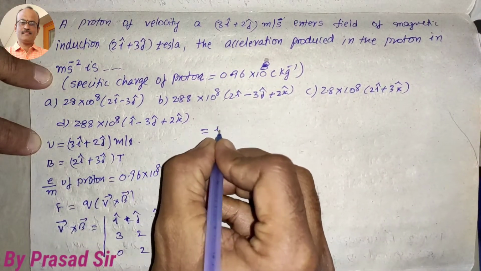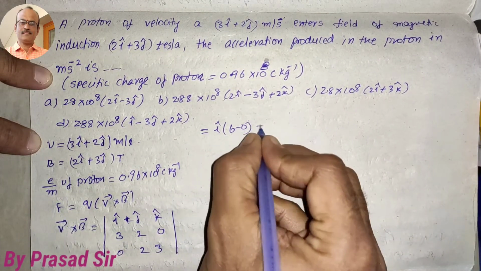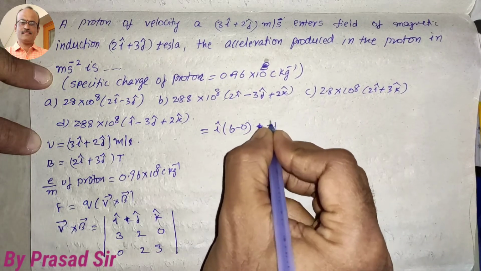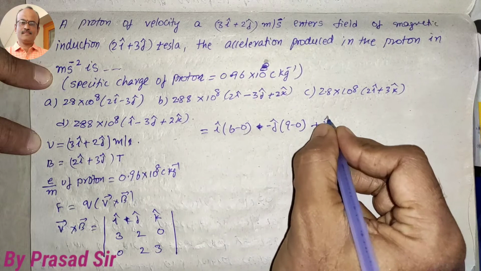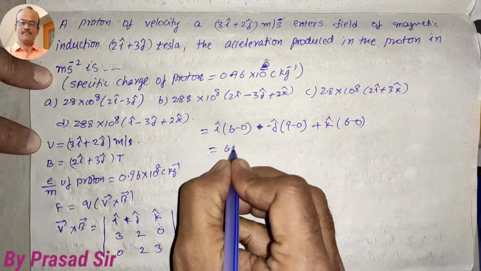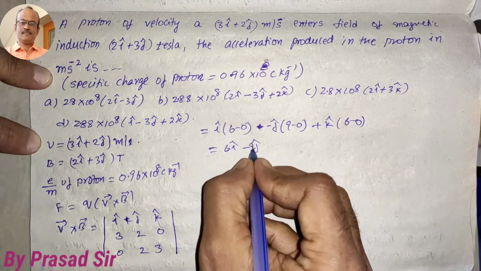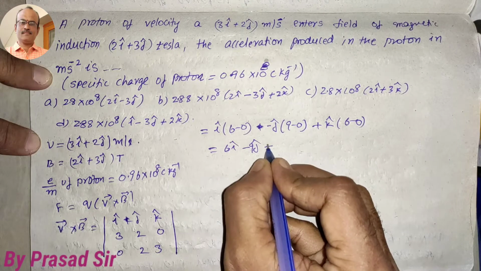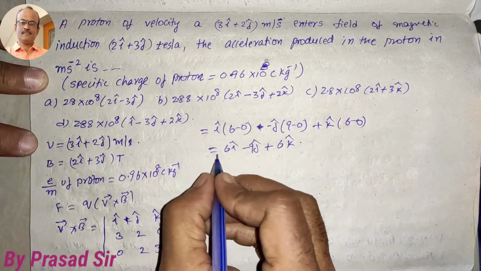Here I will take i cap, that means 3 twos are 6 minus 0, minus j cap 9 minus 0, plus k cap 6 minus 0. So here 6 i cap minus 9 j cap plus 6 k cap. So this is the v cross B.